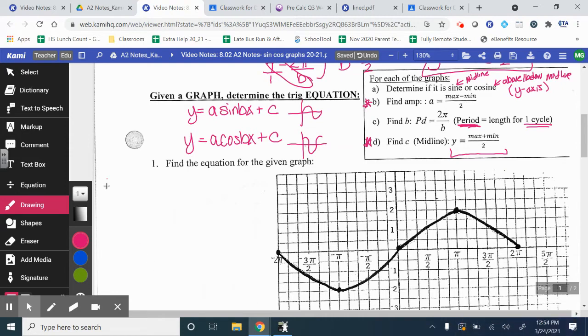Okay, so first thing we're going to do is draw a line through the center of your curve to tell if it's sine or cosine.